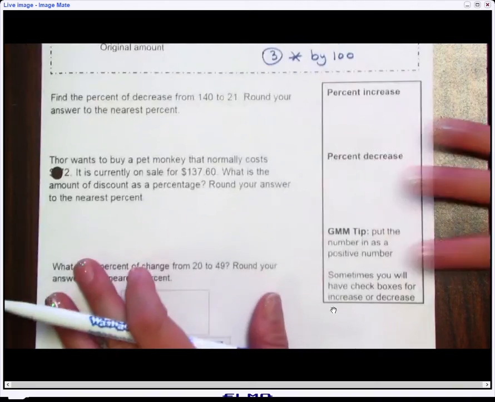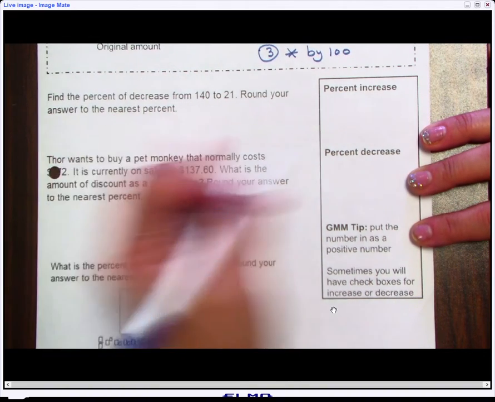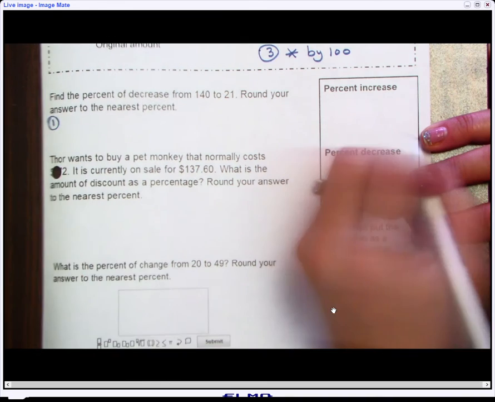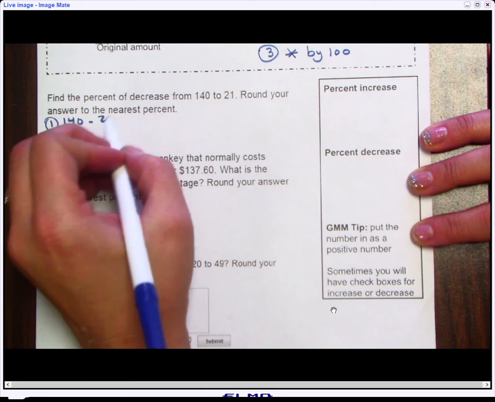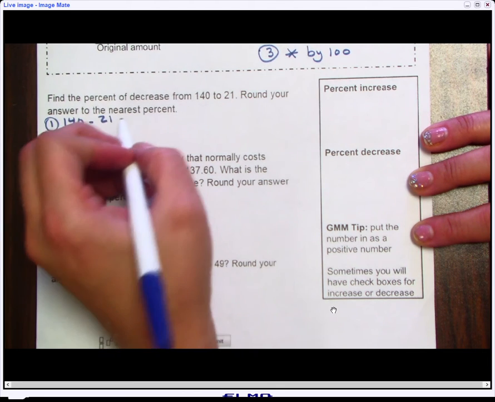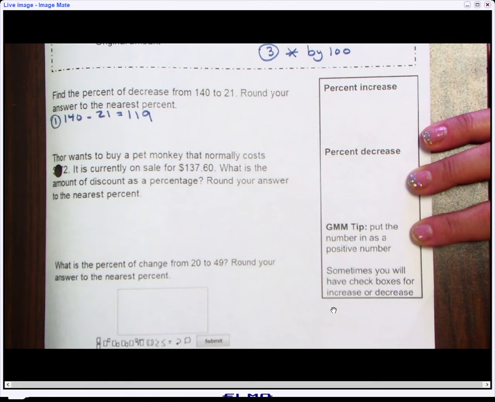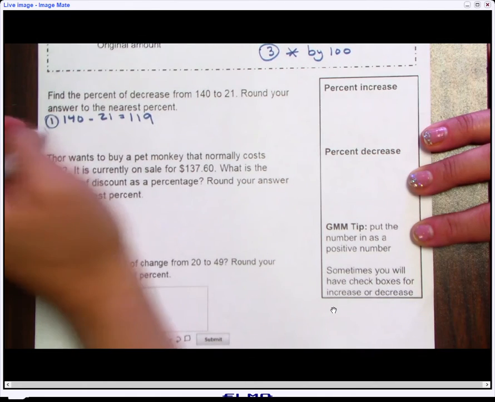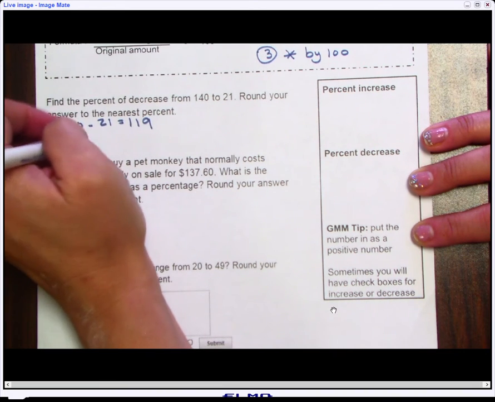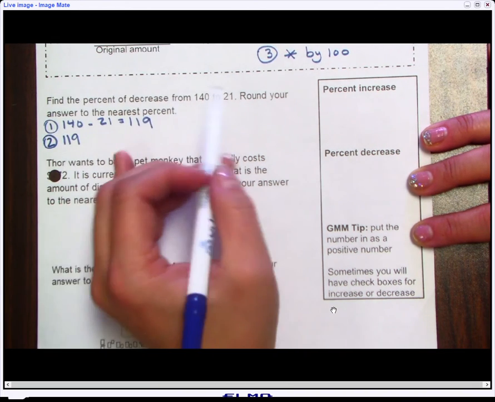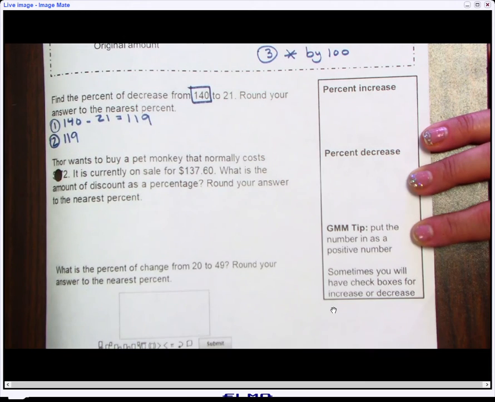So let's look at this first word problem. We want to find the percent decrease from 140 to 21, and we're going to round to the nearest percent. Step 1, we're going to subtract them. Old school 140 minus 21. That's 119. Second step is to take 119, and I'm going to spy back through the problem. I want the original or the starting or the first number. That's 140.